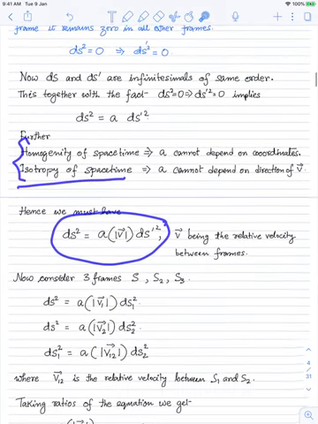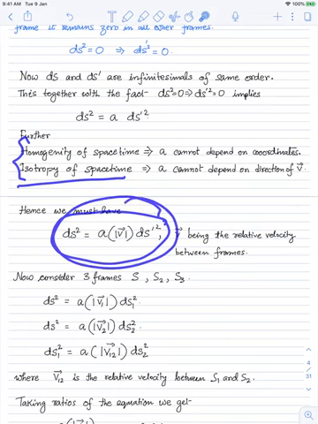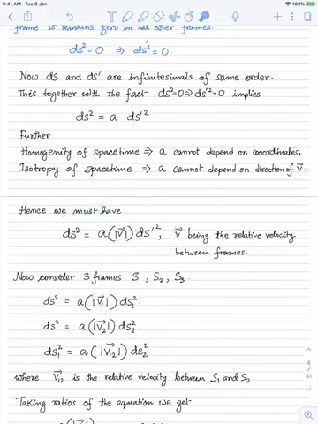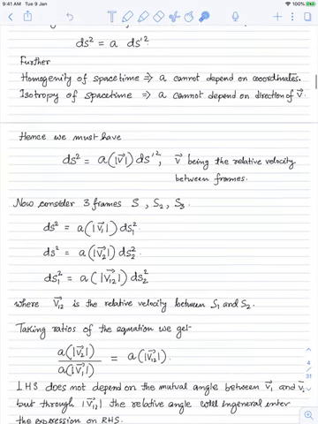That leads us to the fact that the two infinitesimal intervals in the primed and unprimed frames are related by a proportionality constant which can depend on the magnitude of the relative velocity between the two frames. Now let us give further arguments.